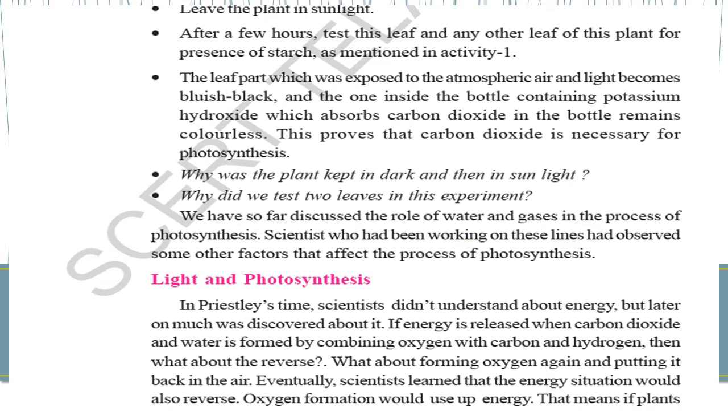This proves that carbon dioxide is necessary for photosynthesis. Why was the plant kept in the dark and then in sunlight? Did you understand? Why did we test 2 leaves in this experiment?